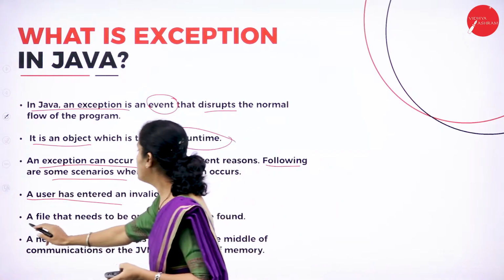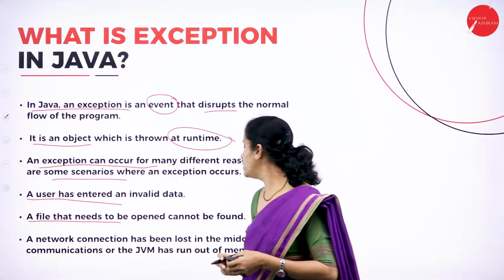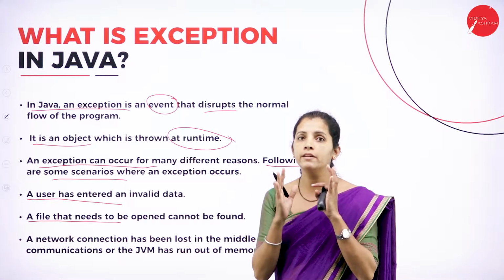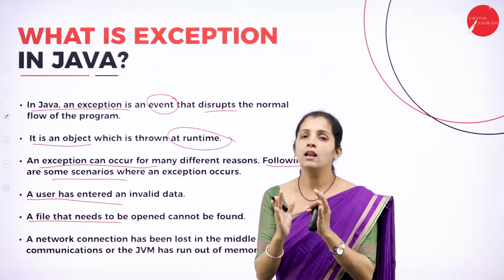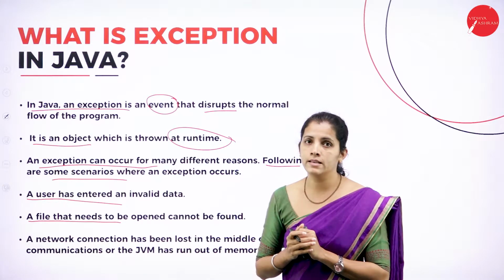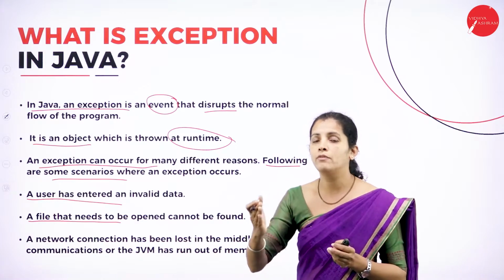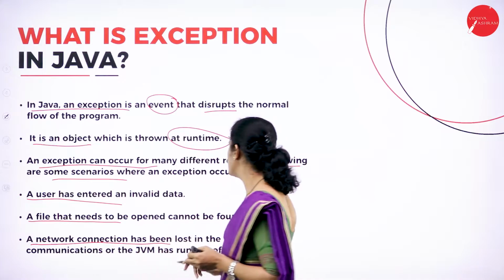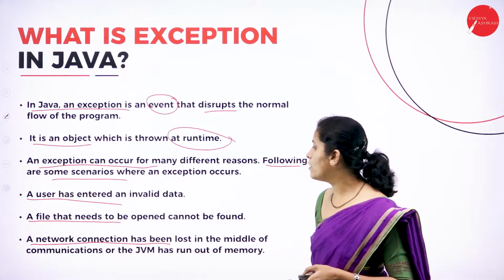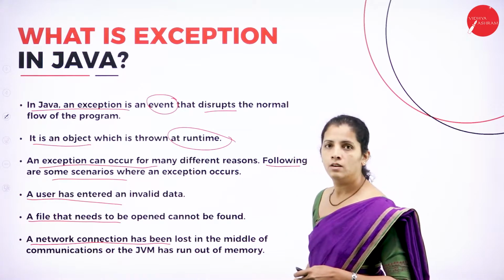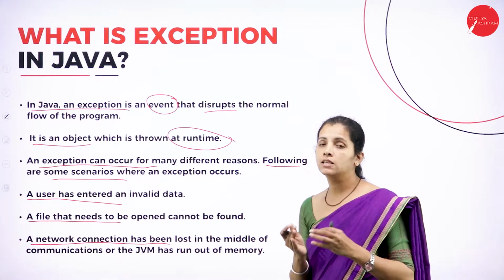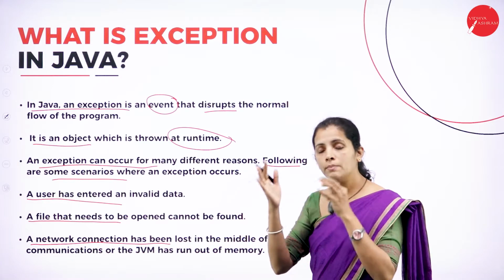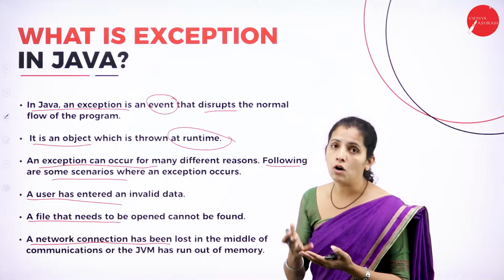Now, a file that needs to be opened but cannot be found. Think that I want to open a certain file, and the file I want to open is not present, then once again this is an example for an exception. Now, a network communication has been lost in the middle of the communication. That means during the transfer of a file from one system to another system, there may be a connection loss.